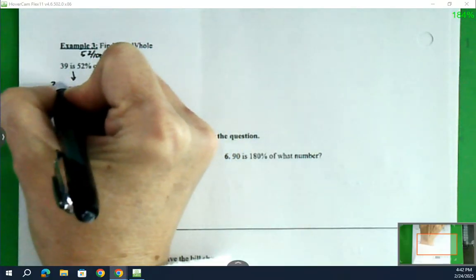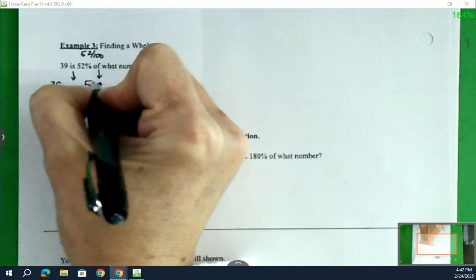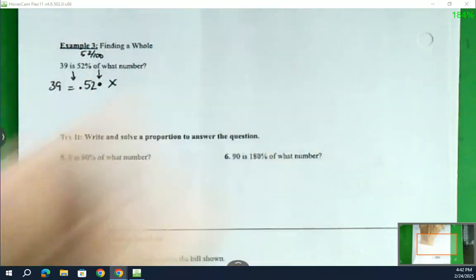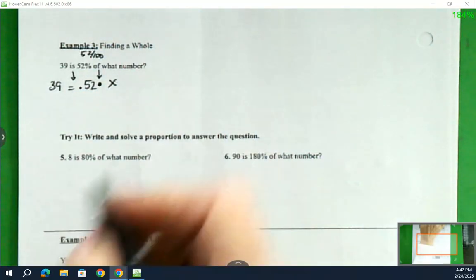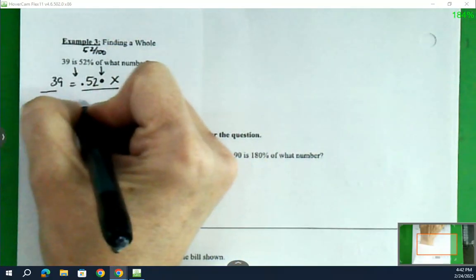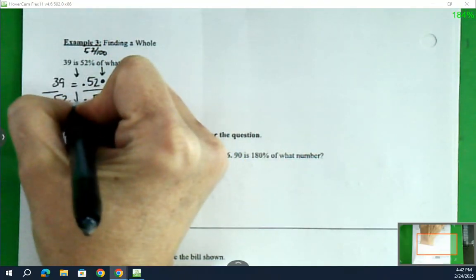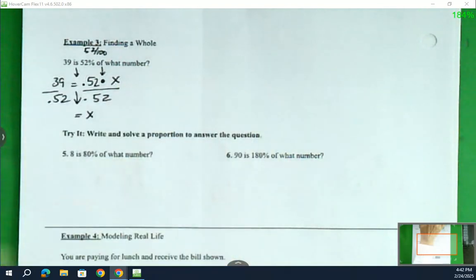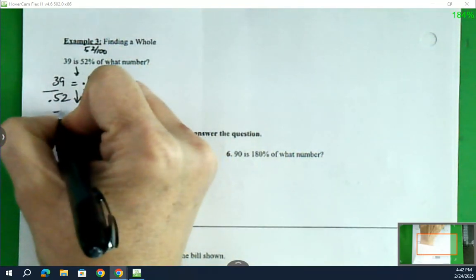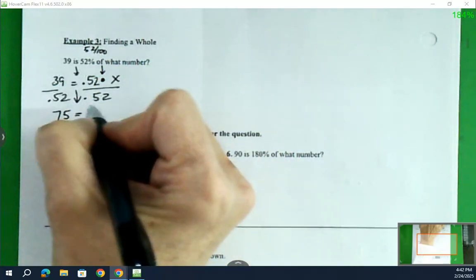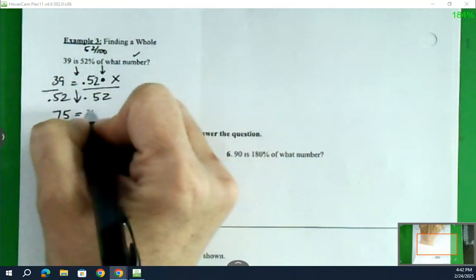So we have 39 equals 0.52 times x. Okay, to solve for x, we're going to divide both sides by 0.52, lining up that equal sign, and we get x equals 75. And 75 is the number.